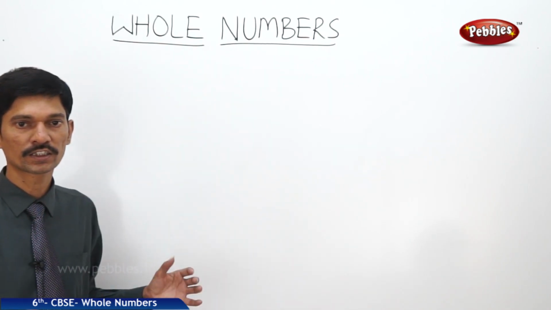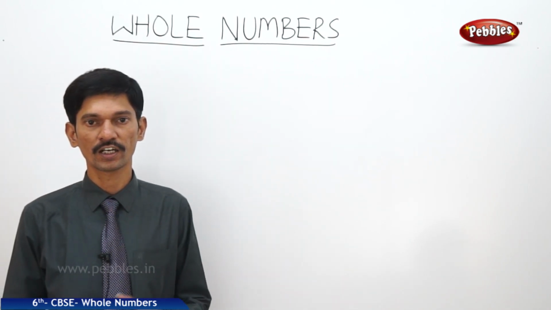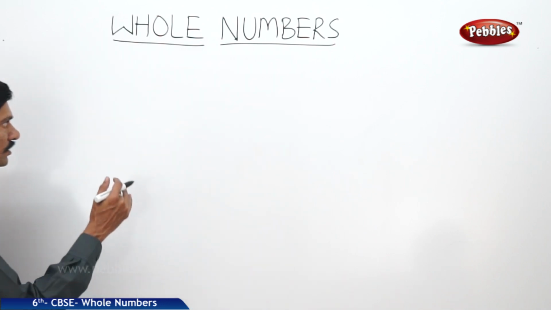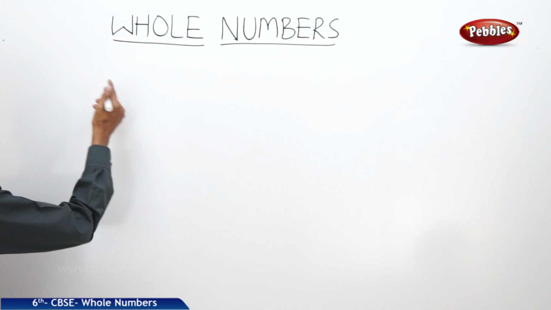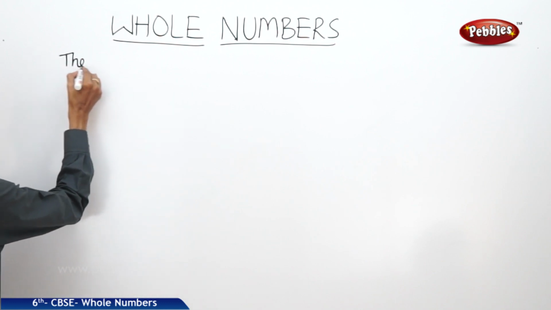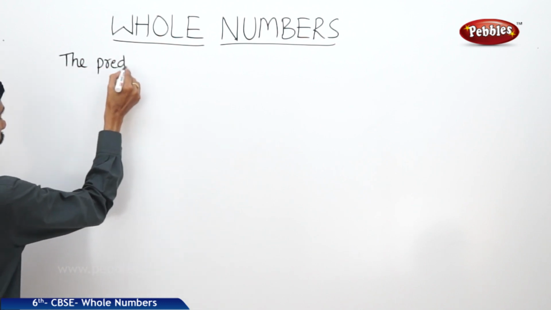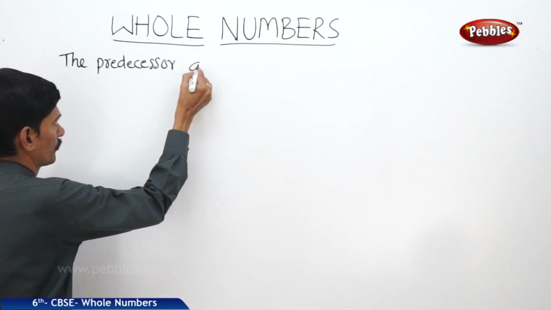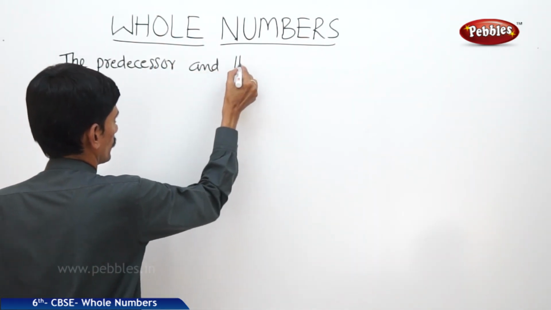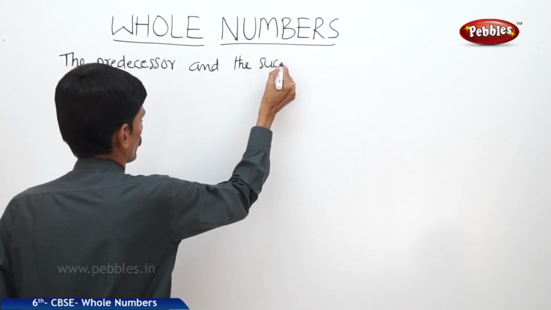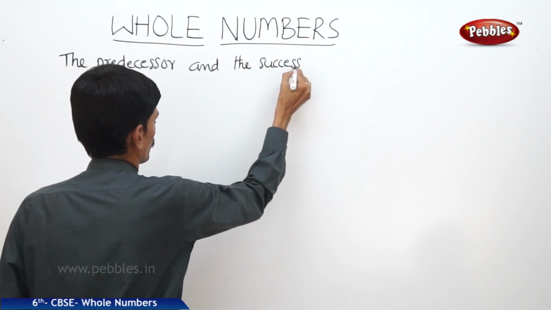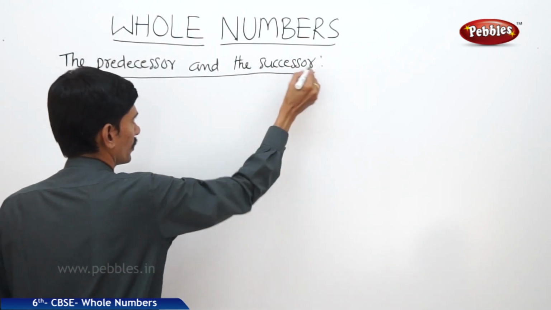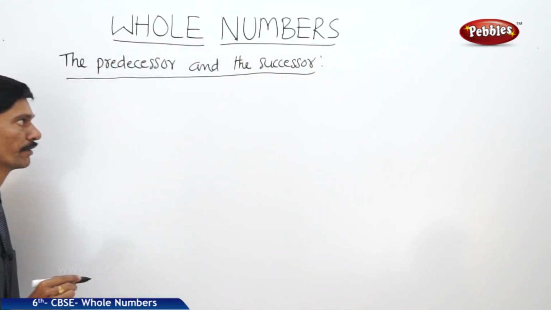Now let us take the next topic, the predecessor and the successor of a given natural number. So what is the predecessor and what is the successor of a given natural number?